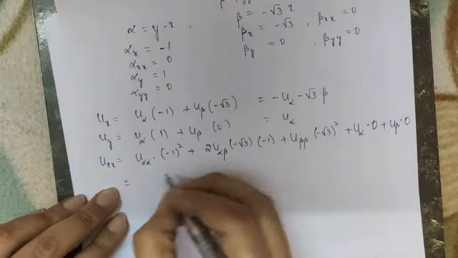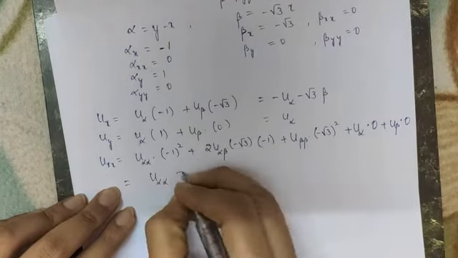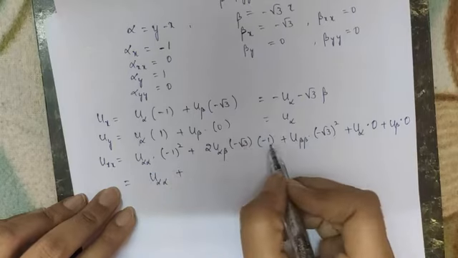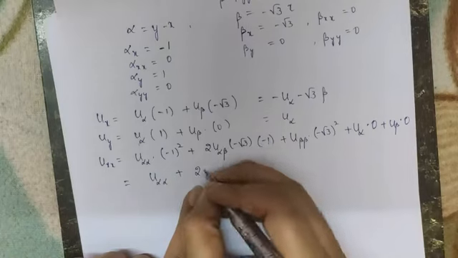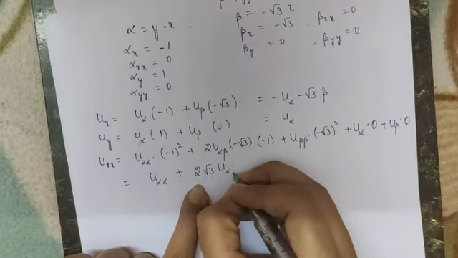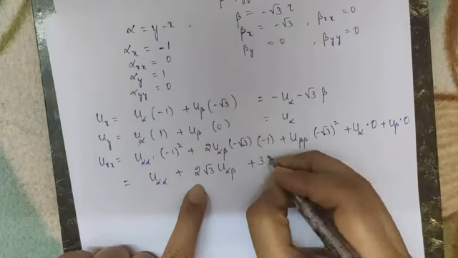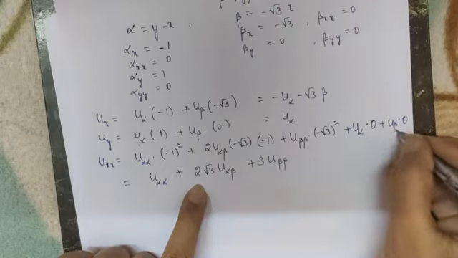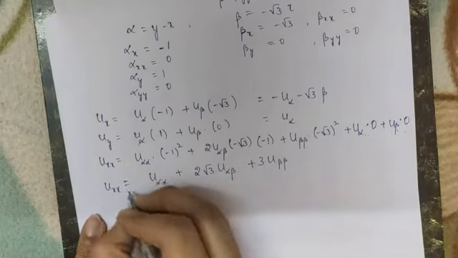If you solve this, minus 1 whole square is plus 1. So u alpha alpha plus, minus root 3 into minus 1, with the 2 as it is, so it will be plus 2 root 3 u alpha beta, minus root 3 whole square is plus 3 u beta beta. These two terms become 0. So this is my uxx.